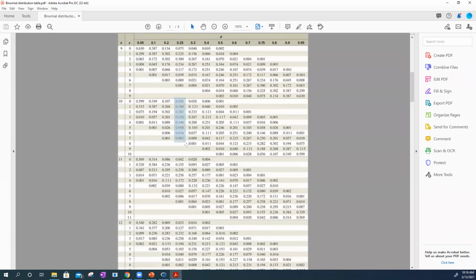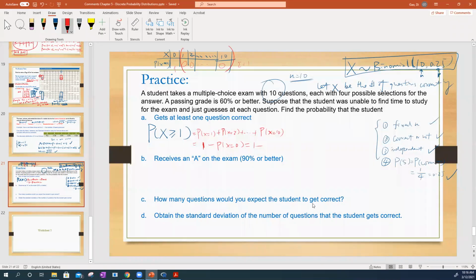So right here. These are the probabilities. The probability of x taking 0 is 0.056. So that's just 1 minus 0.056. That is 0.944. So the student has a 94.4% chance to get at least one question correct, which is very high.